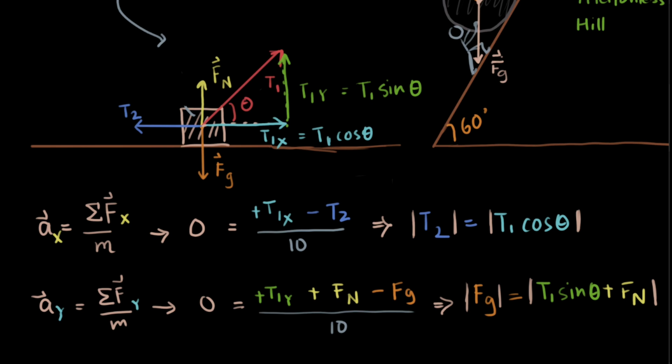You could just put in those numbers: in the place of T1, you put 50 newtons, and in the place of theta, you put 30 degrees, and you calculate it, right? Because that's physics: you put in the values, you calculate, and it's done.